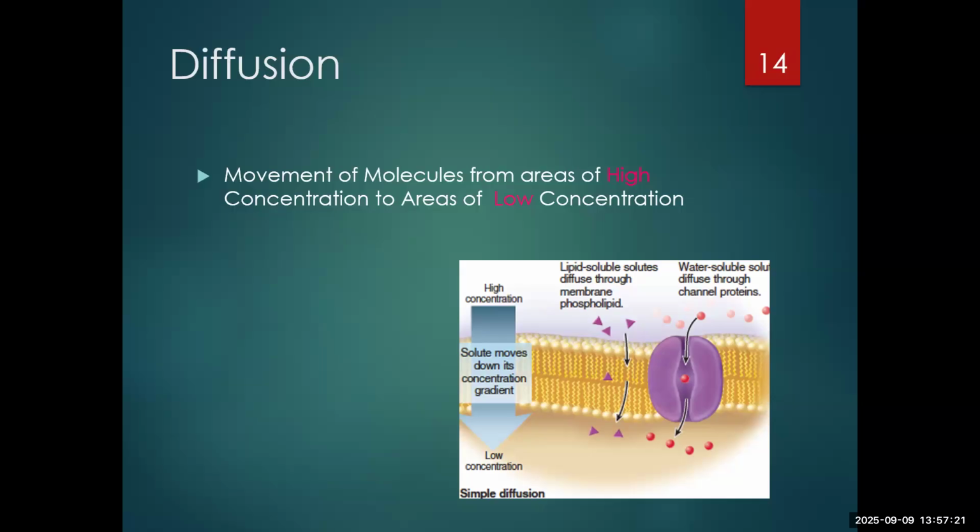So oxygen moves easily across the plasma membrane. It diffuses from areas of high concentration to areas of lower concentration, and then you can transport it throughout the body in the blood. Okay, diffusion is very important to us.